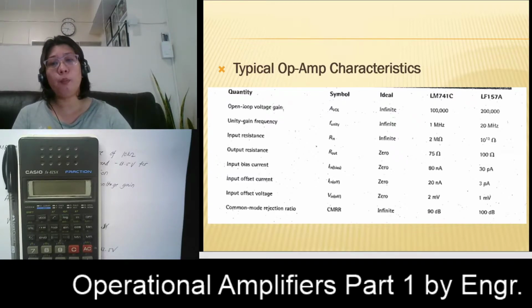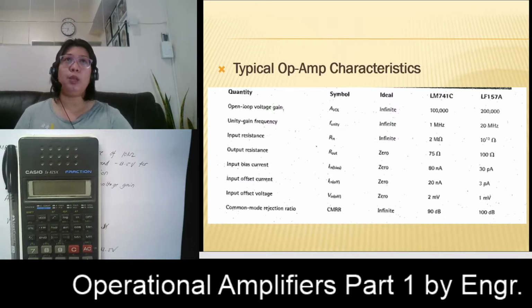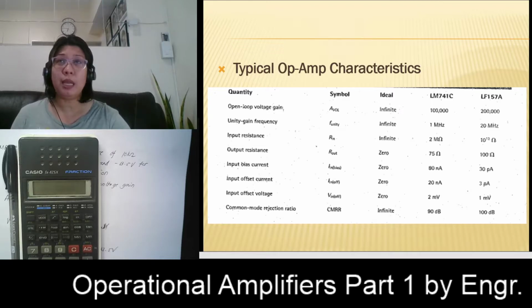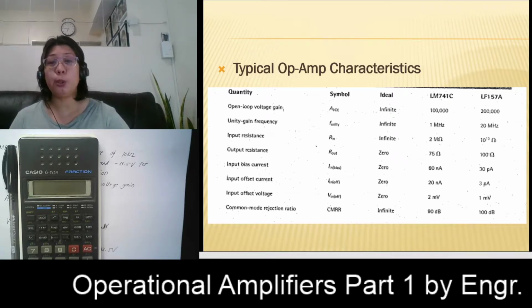In some other books you may encounter a different representation with the symbol. Anyway, it is just a symbol, but their definitions or meanings will be the same. So we have the open loop voltage gain, which we will be discussing later.